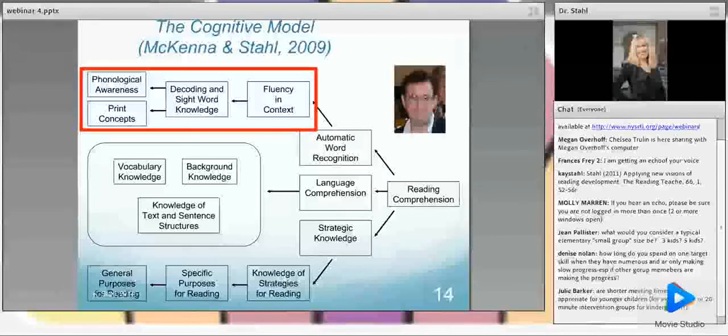The first book, the reading assessment book, actually is organized according to these pathways and has assessments included for each of these boxes that contribute to success in each of the pathways.